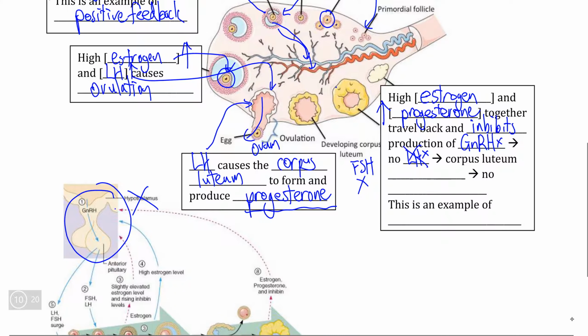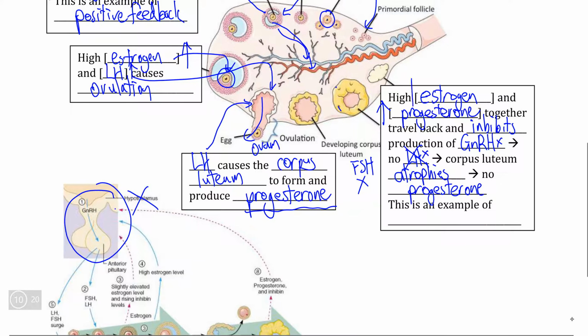And when LH production has been cut off, this is the signal for the corpus luteum to commit cellular suicide and atrophy, basically breaking itself down. And when this occurs, now the only source in the ovaries of progesterone has just been shut down.